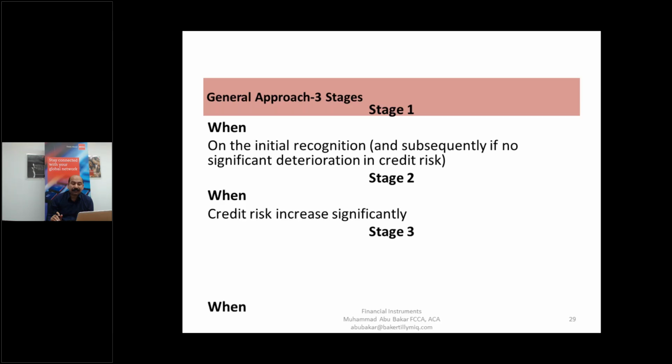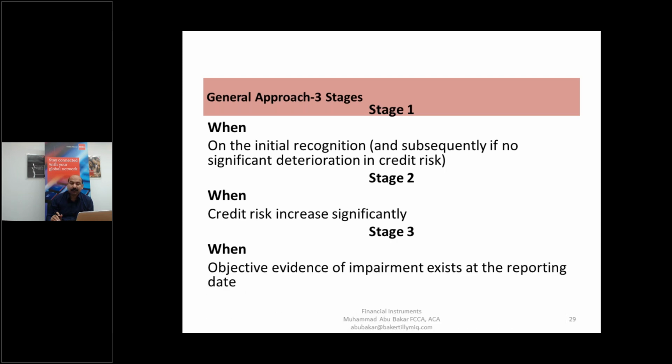If the credit risk of a financial asset increases further to a point where it is considered credit impaired, it falls into stage 3 of the model, when you have objective evidence of its impairment. It will enter stage 2 when there is a significant deterioration in the credit risk. But on initial recognition, all assets where you are applying the general approach will fall under stage 1.